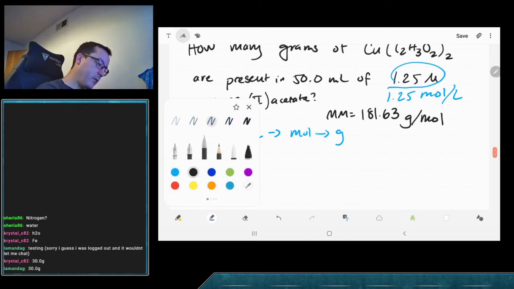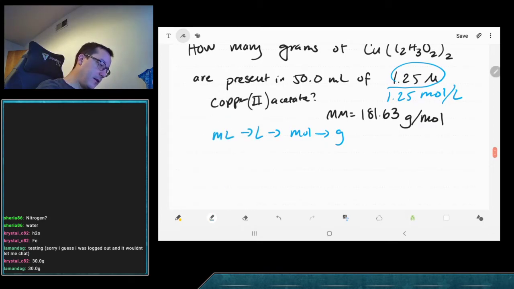And so we know, this is just 1,000, right, for the conversion there. We have the molar mass is going to be our conversion there. And this one is going to be our molarity. Are the 3 conversions we're going to need here.